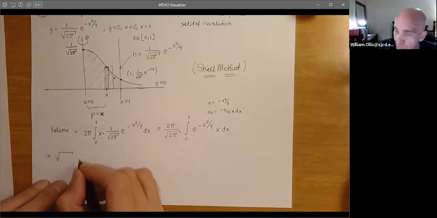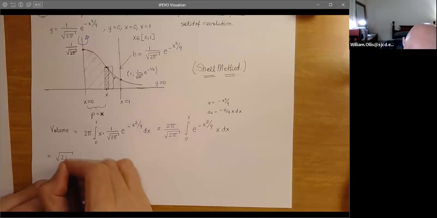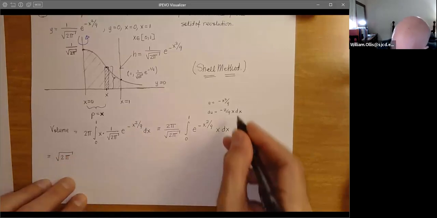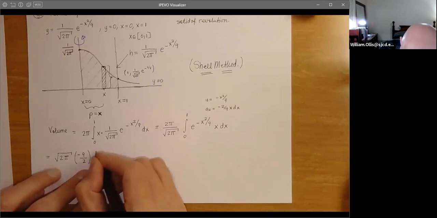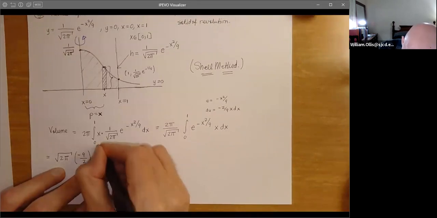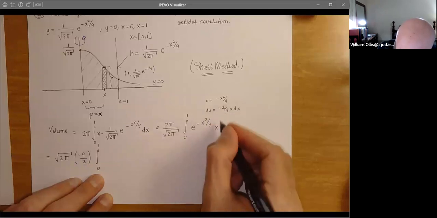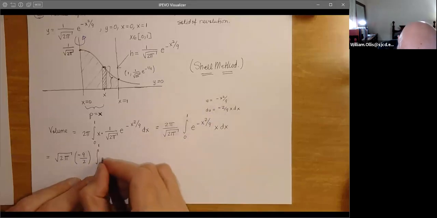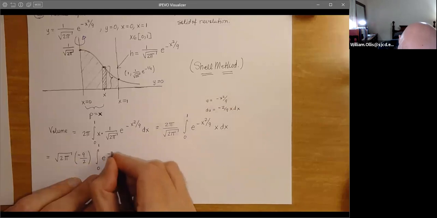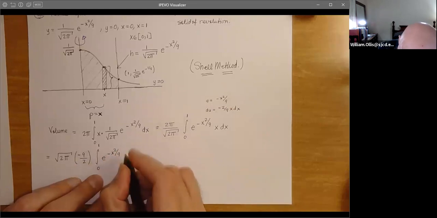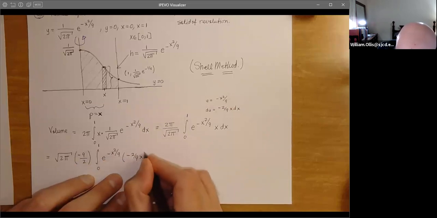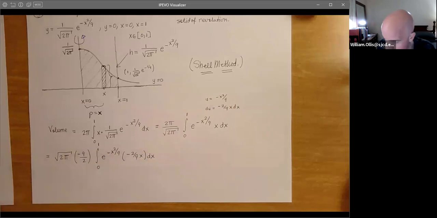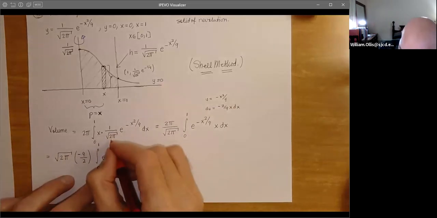It's like saying 2 divided by the square root of 2. And then, of course, we'll reciprocate this and get a negative 9 over 2, and then 0 to 1. Go ahead and put in the factor of negative 2/9. So we get e to the negative x squared over 9, and then times negative 2/9 x dx. And so this is table ready.